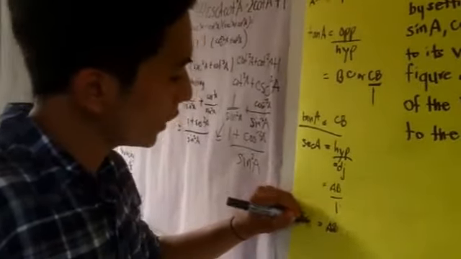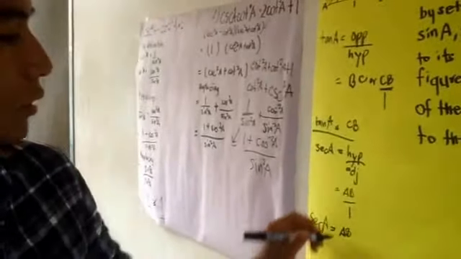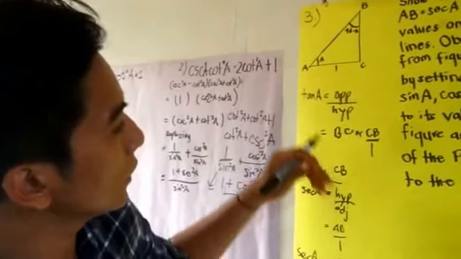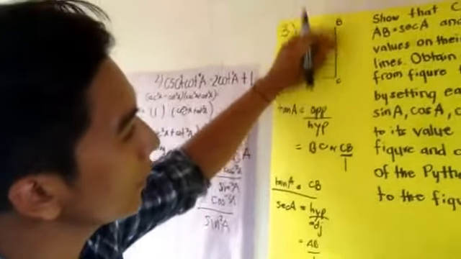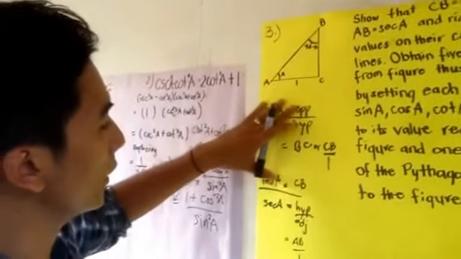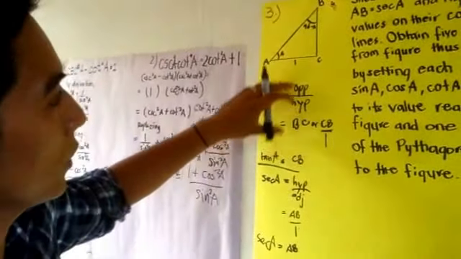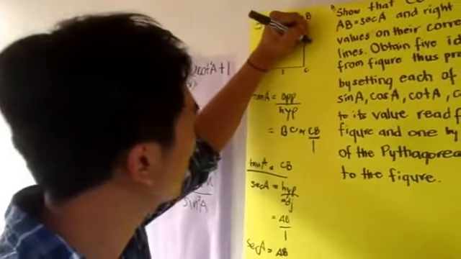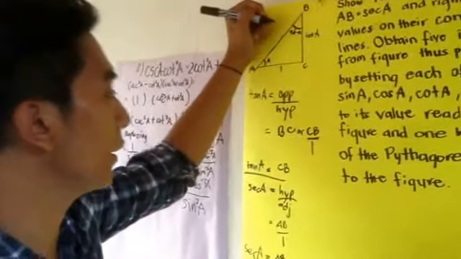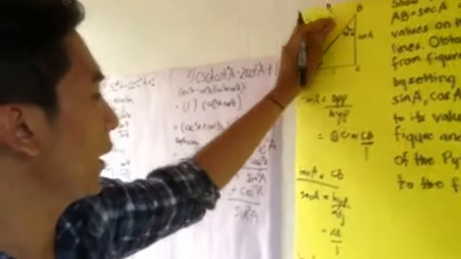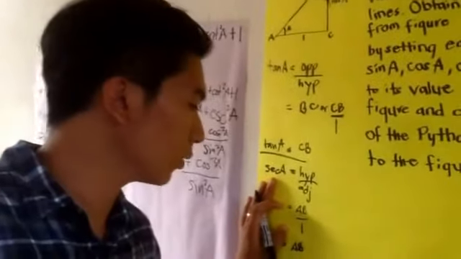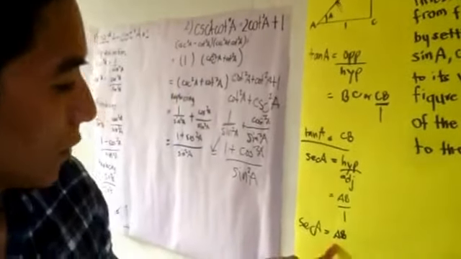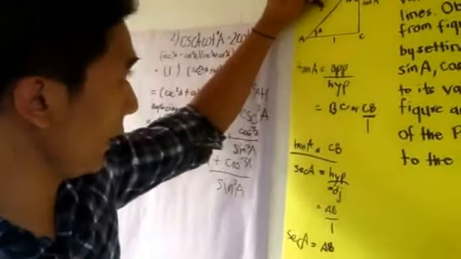So sec A is equal to side AB. CB is equal to tan A. We replace side CB with tan A, so we put tan A here. And sec A is equal to AB over 1 or AB. So we put sec A here.